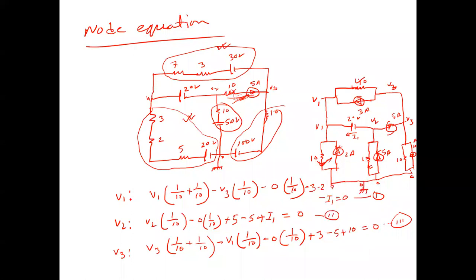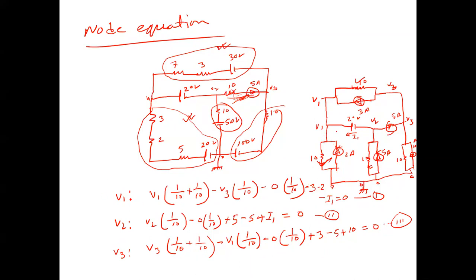Okay, so these two, and minus the V3 connected to this resistance, so V3 1 by 10, and this connected to 0, so 0 1 by 10 minus. Then this is the incoming current 3, this is the incoming current 2, and this is also incoming current I1. Okay, so our voltage equations are all finished.